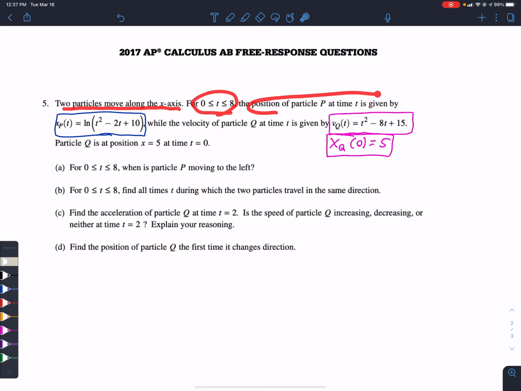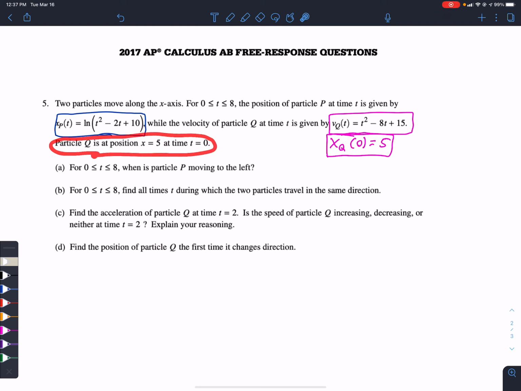The position of the particle is given by, so we have the position of the first particle P, and the velocity of particle Q, we have the velocity of the other particle, and they tell us the particle Q is at position 5 when t equals 0. So the position of particle Q is 5 when time equals 0. I've summarized all the information and boxed it. So we're done with that.